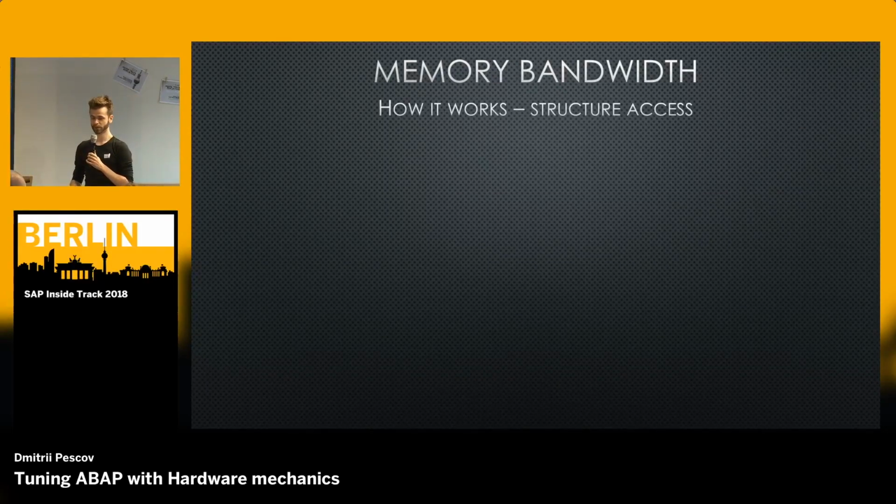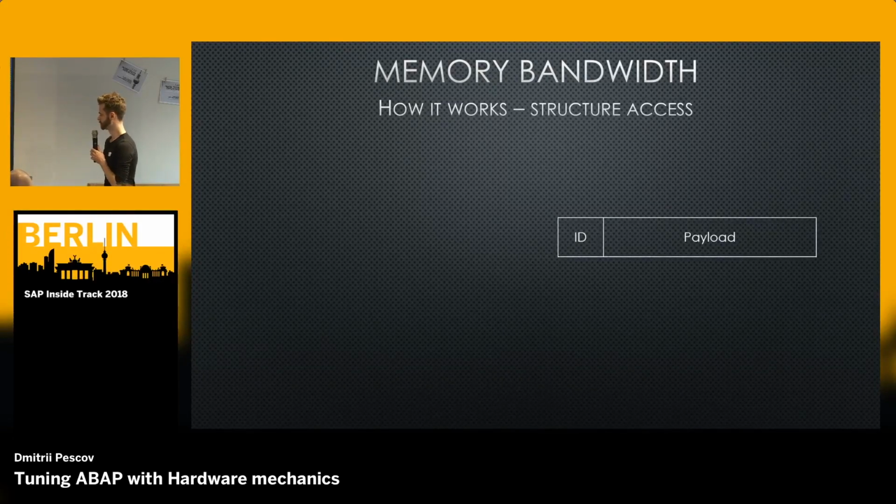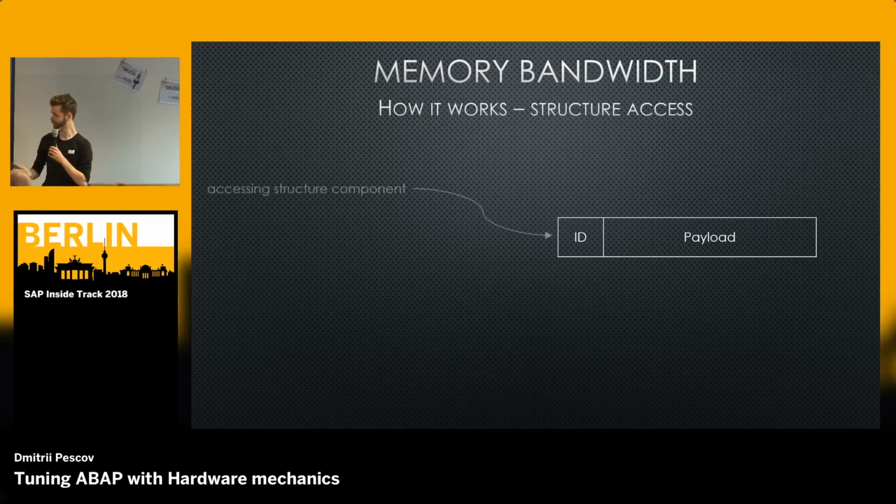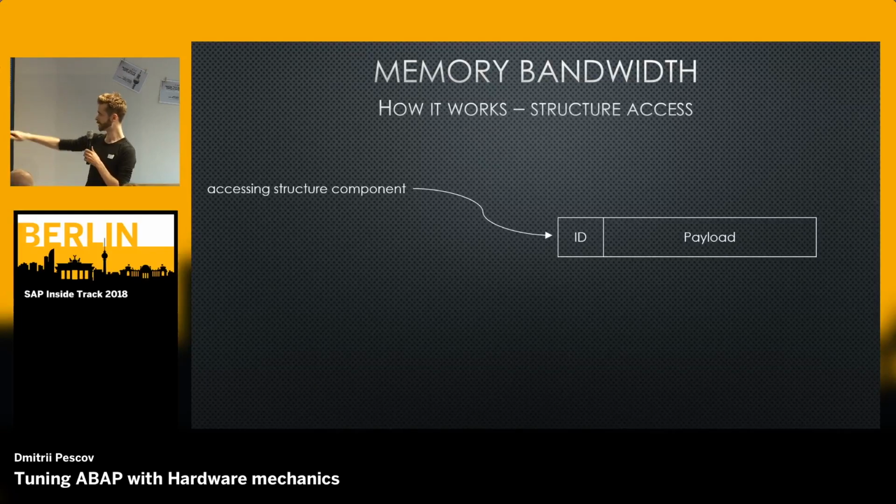How structure access works. This is almost language independent, so if you're coding in C, C#, Java, this is all the same. This is my structure, my ID, and my payload. Now, in my loop, I am accessing one structure component. That is my ID field. But what I get back is the whole structure.